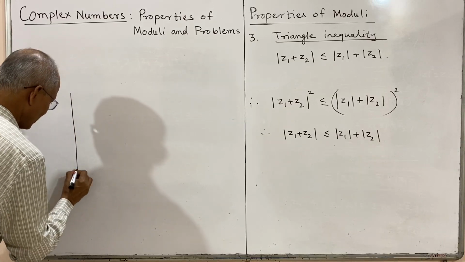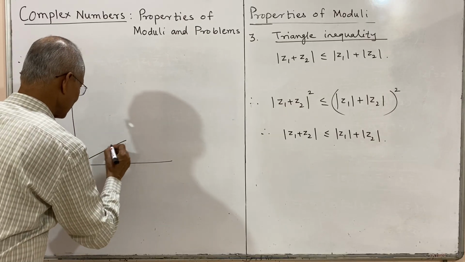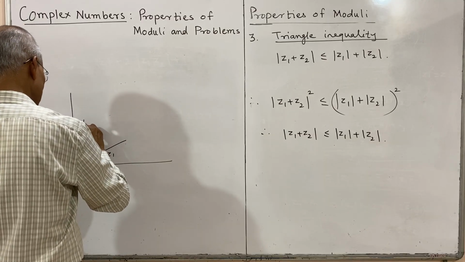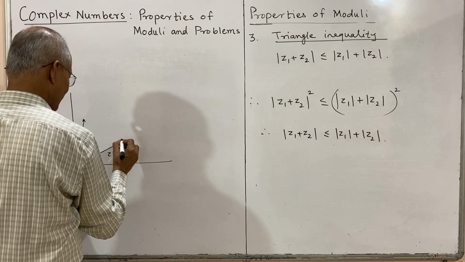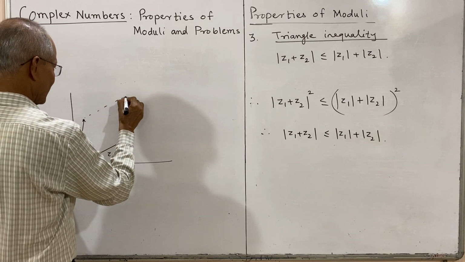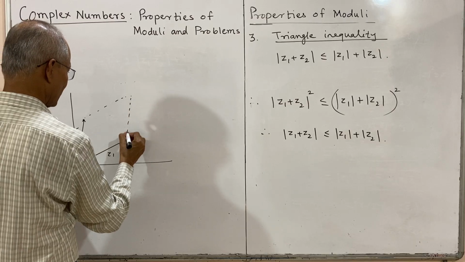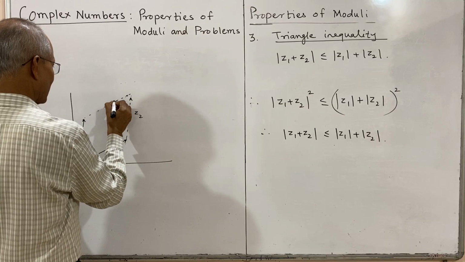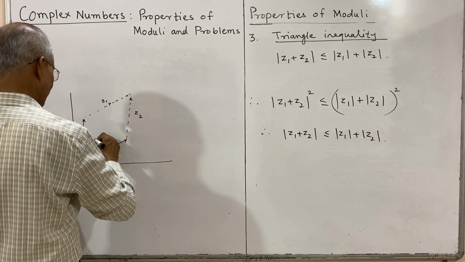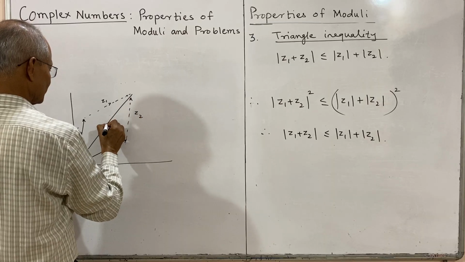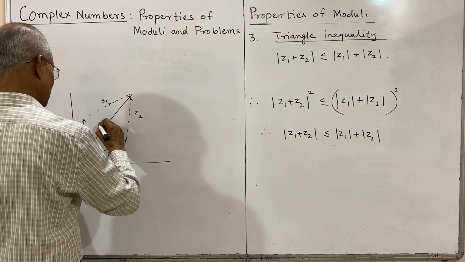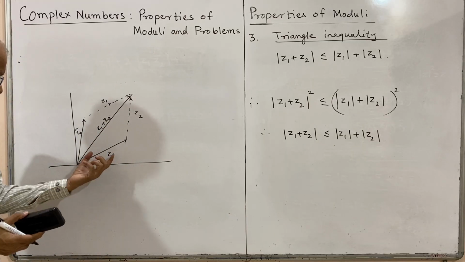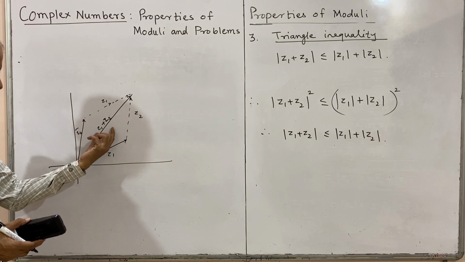If this is the complex plane, and this is vector z1 and this is vector z2, their sum is obtained by completing the parallelogram. So this is the sum, z1 plus z2. Thus this represents three sides of a triangle: z1, z2, and z1 plus z2.